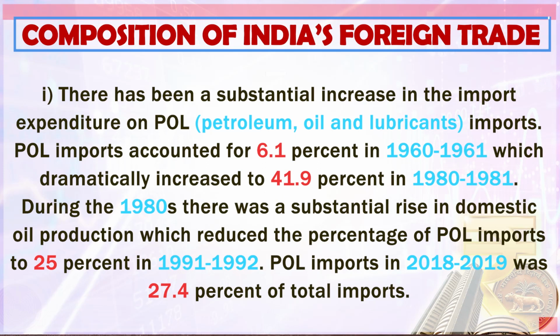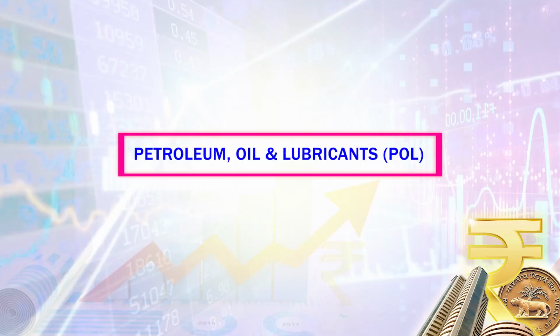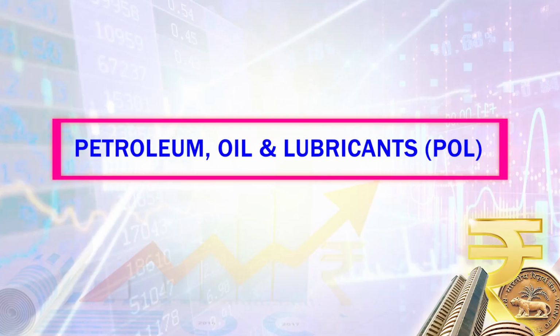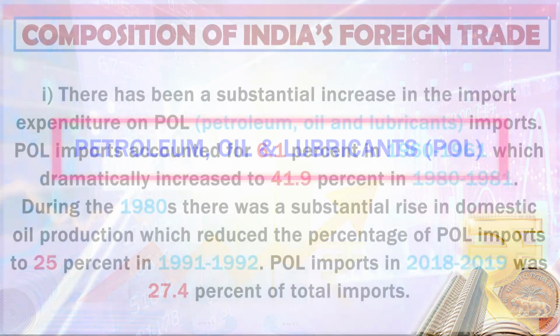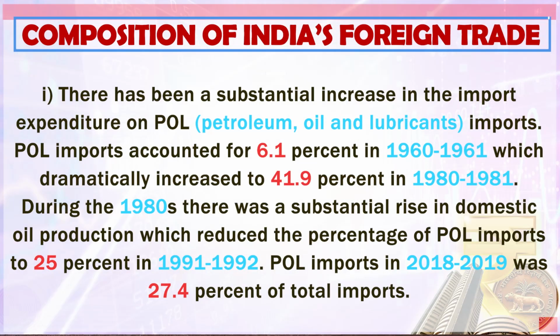Now, the important point I will mention first of all: in case of India, the import of POL items, that means petroleum, oil and lubricants, has increased substantially over the period, and mainly it increased from the 1960s to the 1980s.